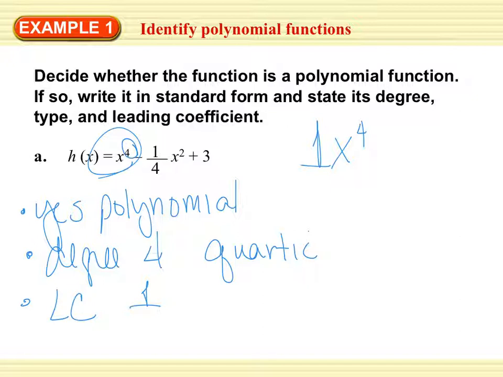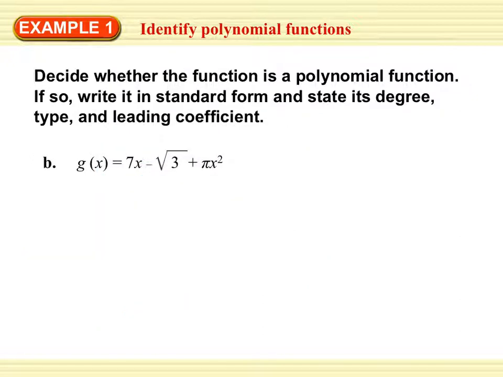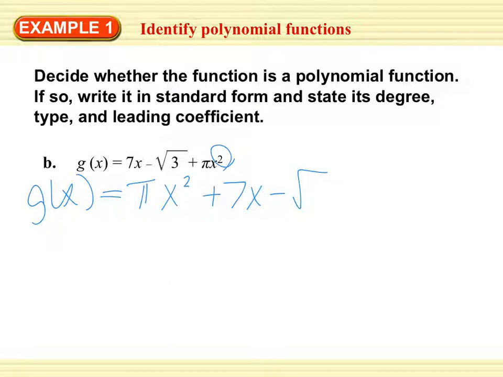We don't want to write the 1. Decide whether the function is a polynomial function. If so, write its standard form. State its degree, type, and leading coefficient. So we do, in fact, have a polynomial function here. I need to rewrite it because the degree of 2 has to be first. Pi x squared plus 7x minus square root of 3.